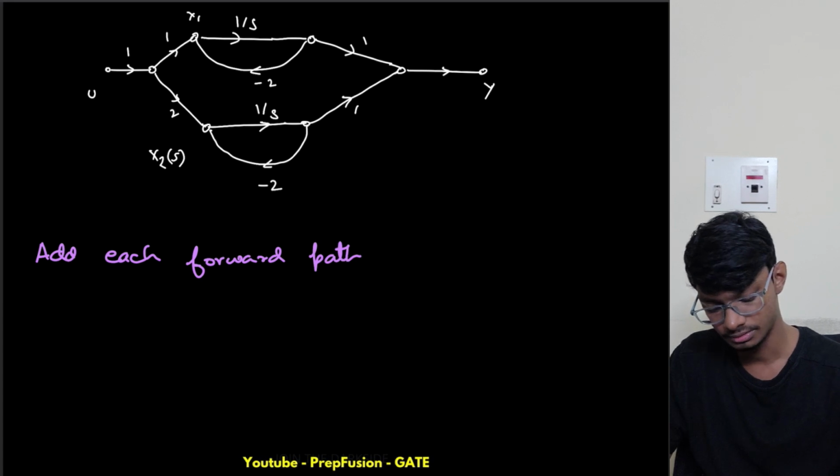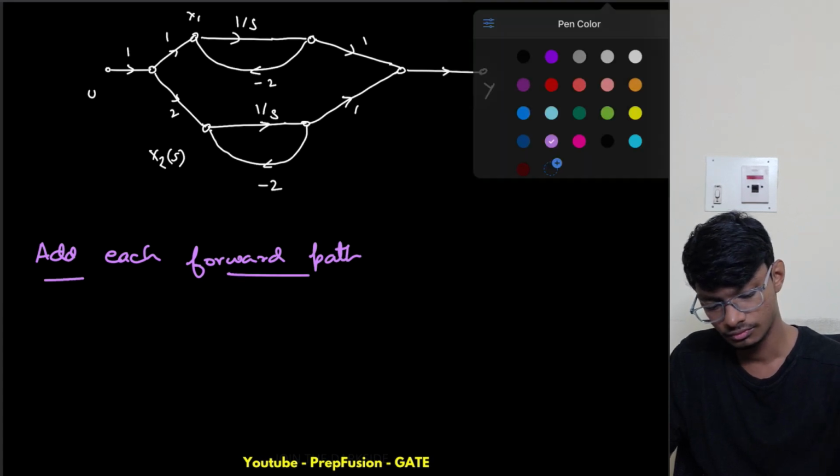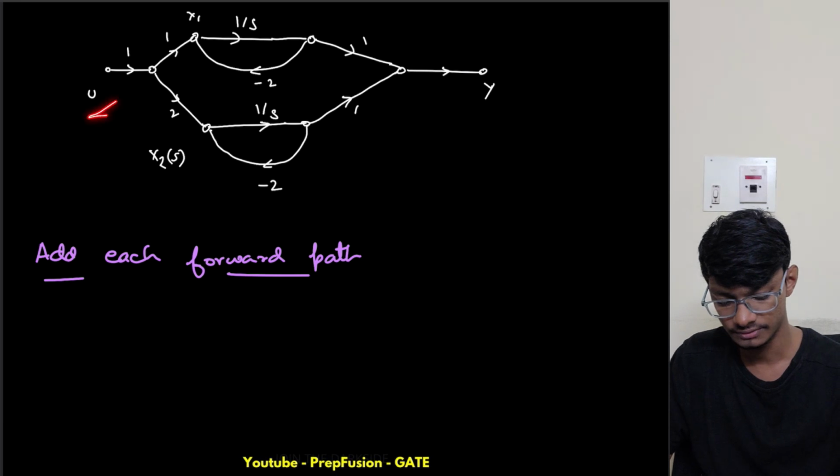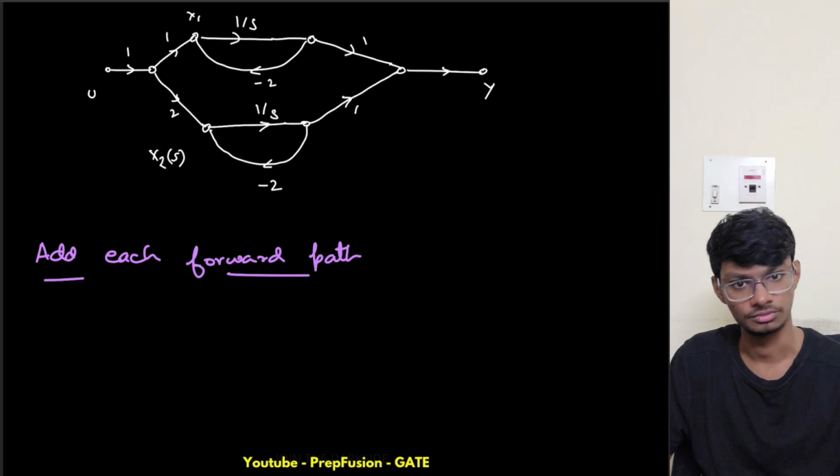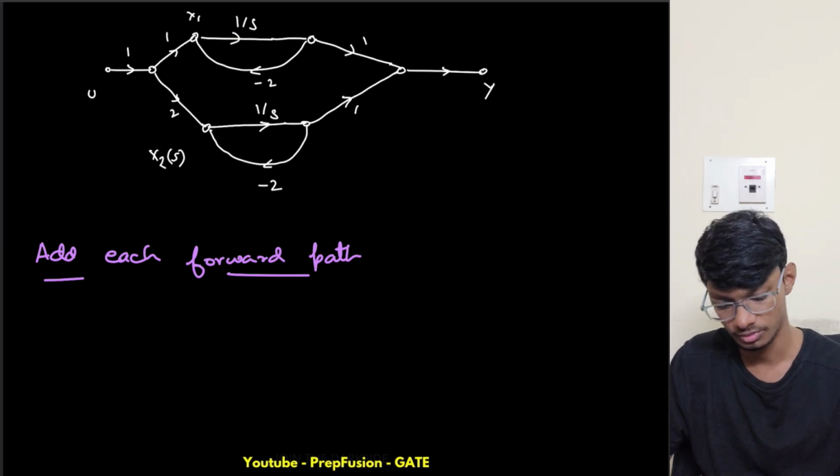So how will I add? What is the transfer function of this one? Very easy, it is simply 1 upon s plus 2. You can do it. It will come out as 1 upon s plus 2.